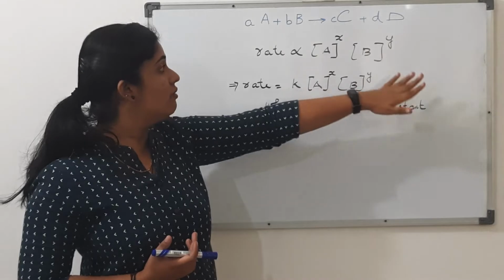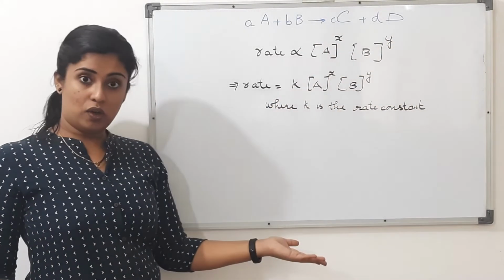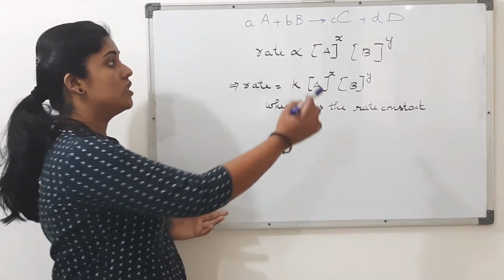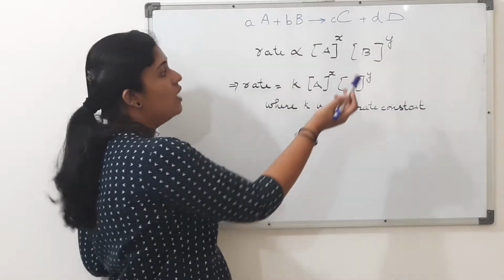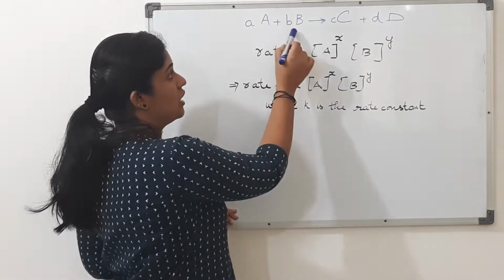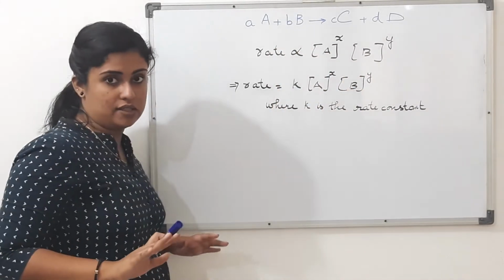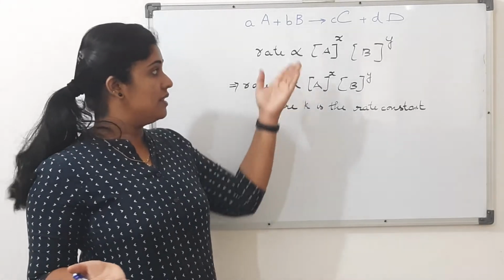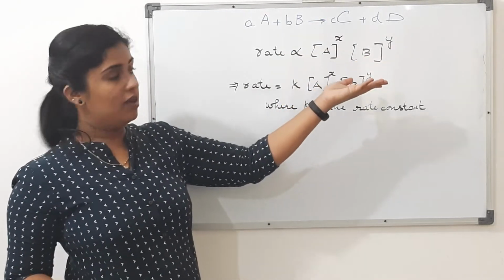And this x and y may or may not be equal to a and b. It's not always necessary that the concentration of A has to be raised to a and the concentration of B has to be raised to the number of moles b. Not necessary. It may or may not be equal. It can be some fractions or numbers x and y.